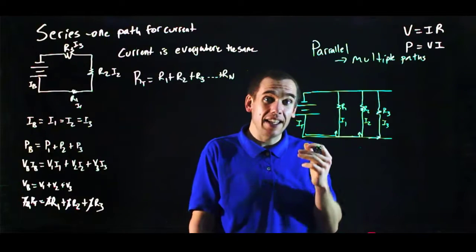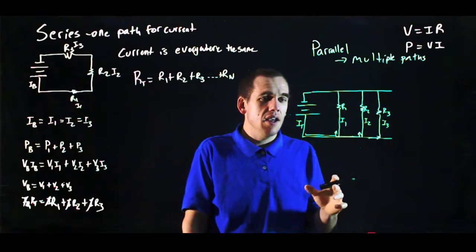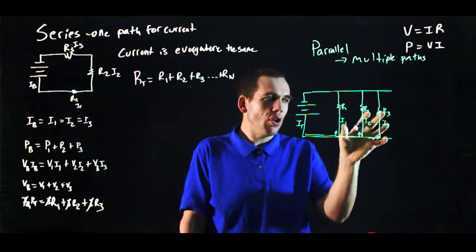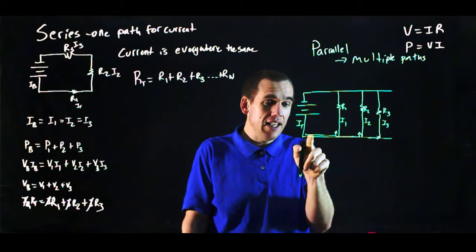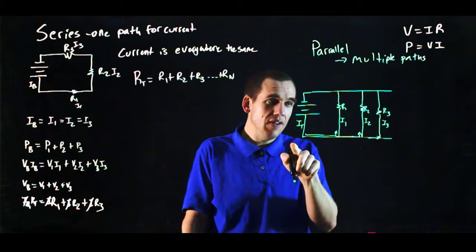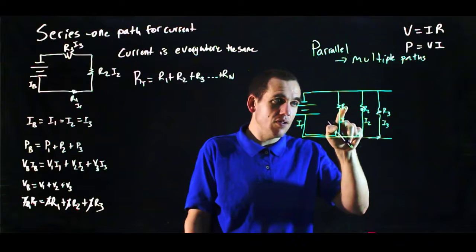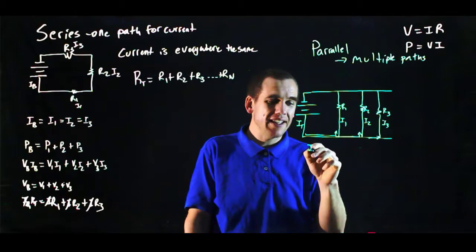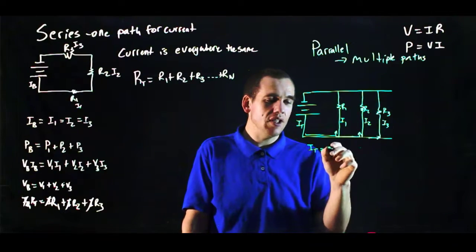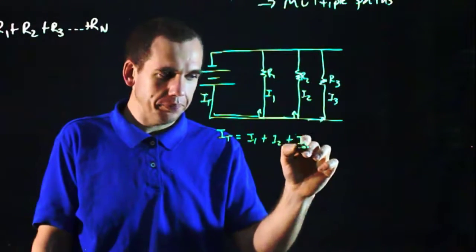But in parallel, they can't be the same because we can't get more charge flowing than actually leaves the battery. In fact, it must be the case that the total current leaving the battery is split up into those three branches. Some of it goes through R1, some of it goes through R2, some of it goes through R3. And so I can say the total current is actually equal to I1 plus I2 plus I3.